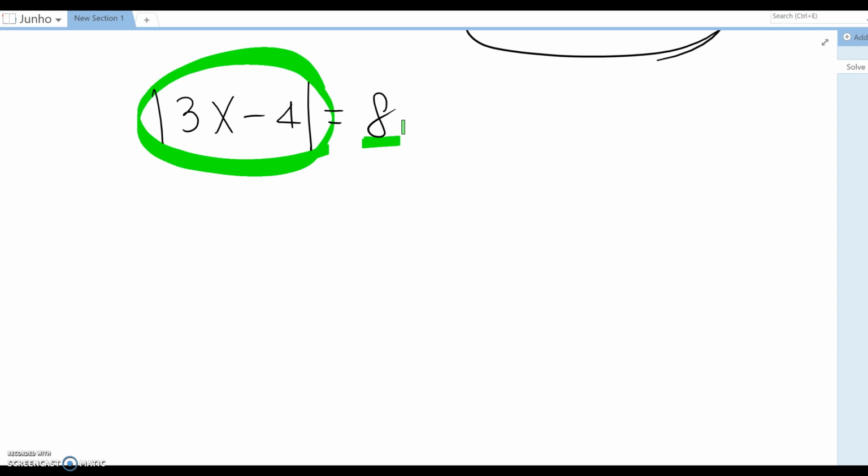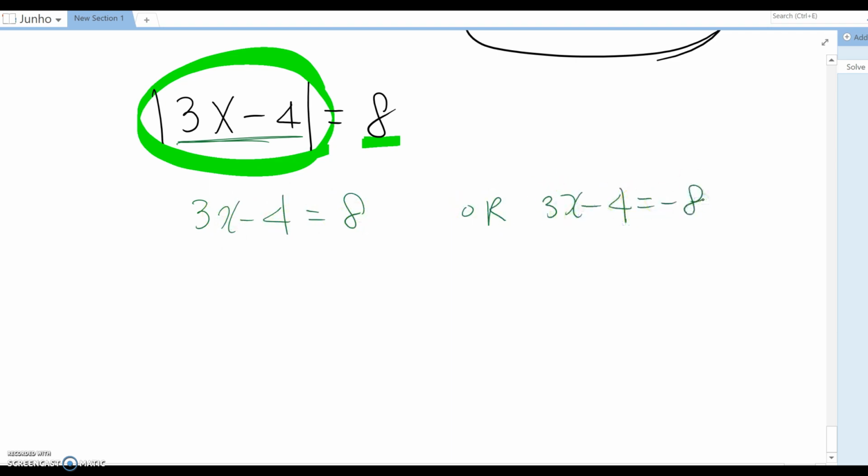Yes, it can be 8 or negative 8. It means this value must be 8 or negative 8. If any x value satisfies 8 or negative 8, then those are 8 units from the 0. Okay? So from here, we solve that problem.